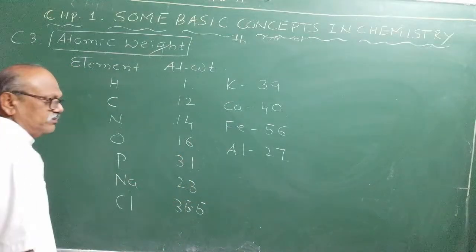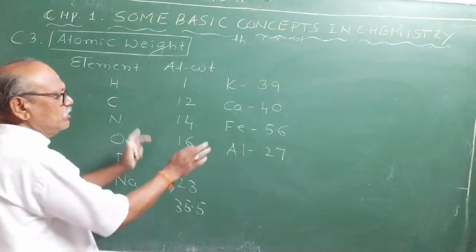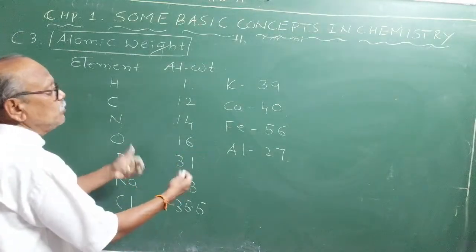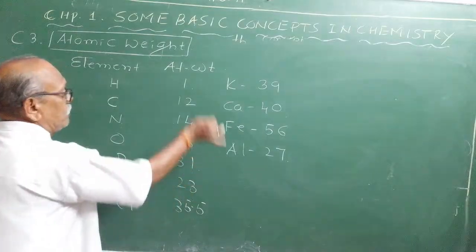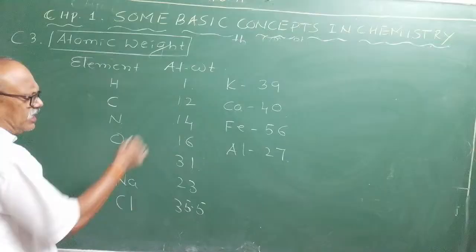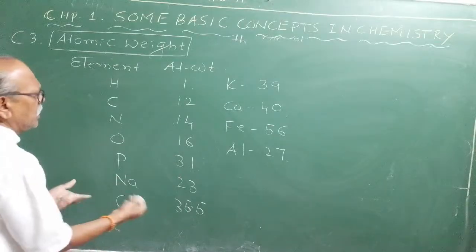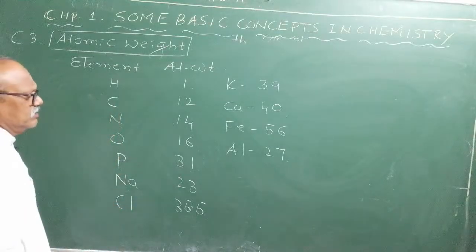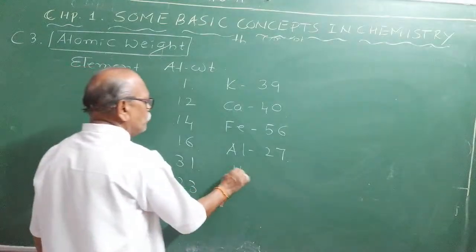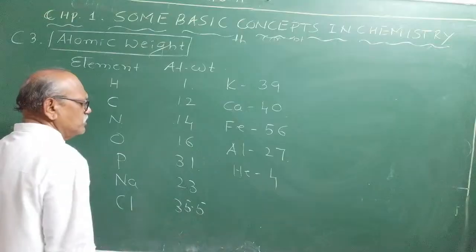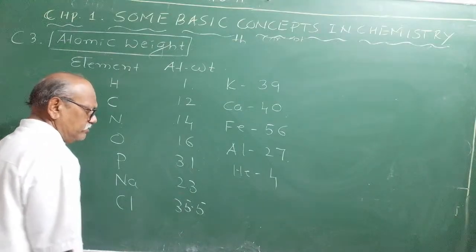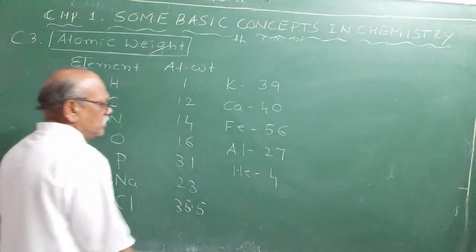Aluminium 27. You already know how to write the molecular formula. Now you are going to learn what molecular weight is. At that time you must know at least some of the atomic masses which are regularly used. Hydrogen, carbon, helium 4, and most commonly used, iron.